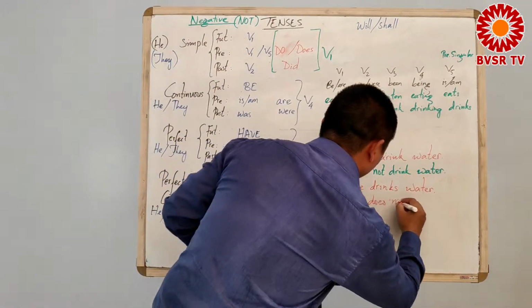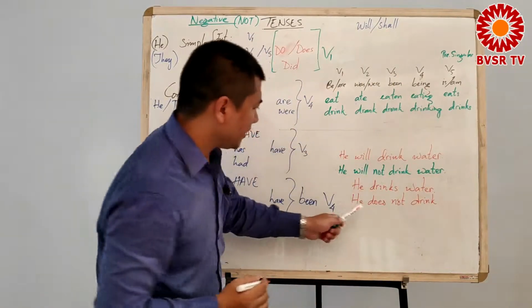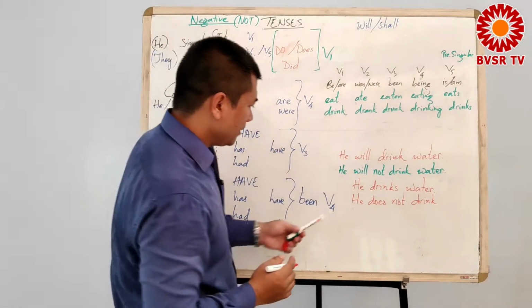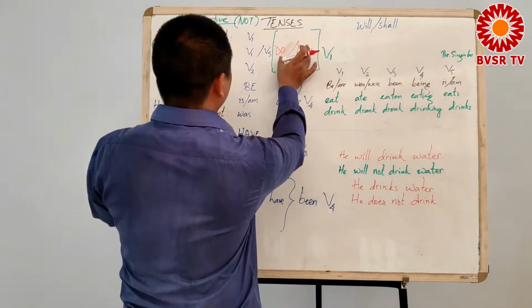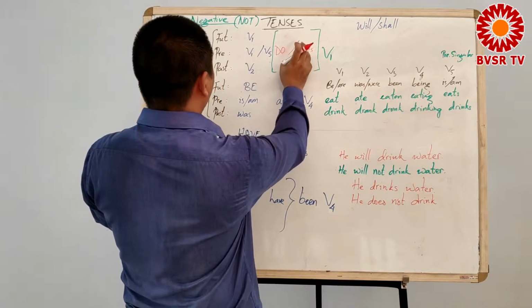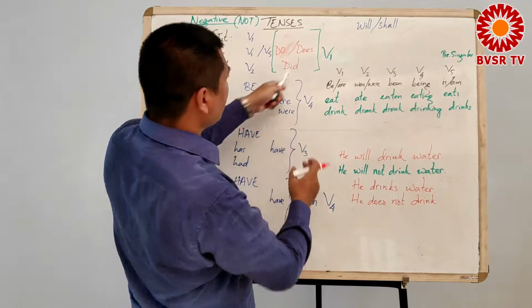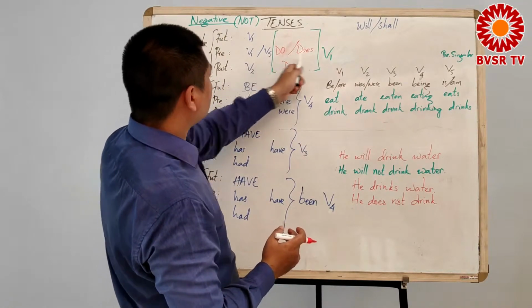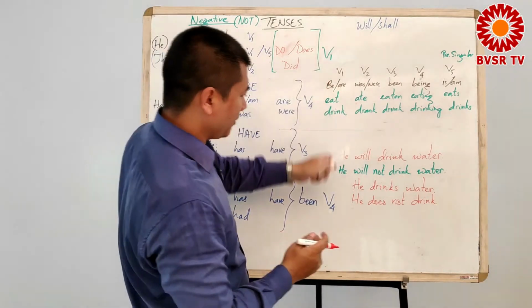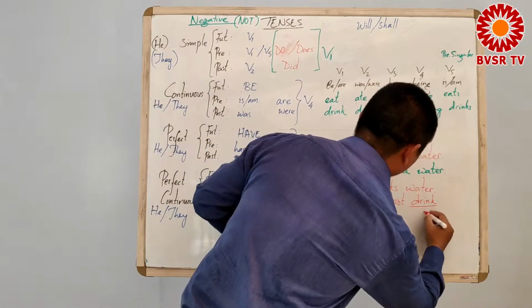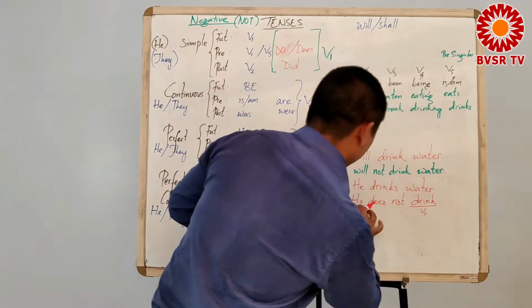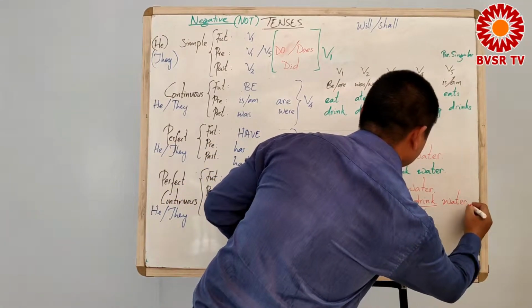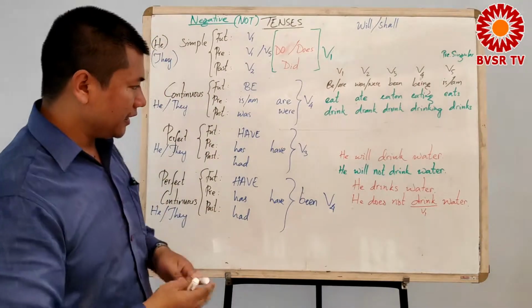Now, we cannot say he does not drinks. That would be a mistake. Whenever we use the do family in order to make a negative sentence, the main verb, regardless whether it is V5 or V1 or V2, becomes automatically V1. Keep in mind. So drink is now V1. So he does not drink water. That will be the negative. That is how you make a negative sentence.